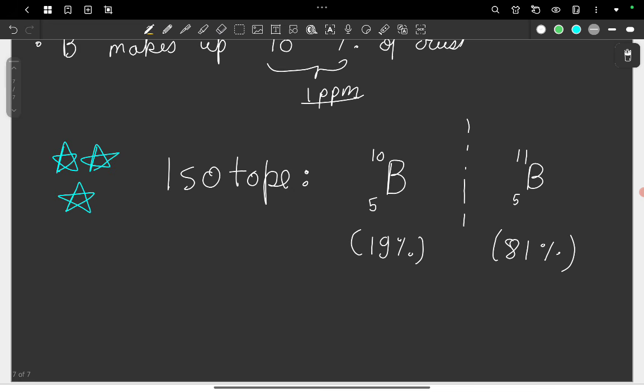Now you know nuclei get more stable as we add more neutrons. So maybe you can use this fact as a way to remember that the nuclei with more number of nucleons are more stable and hence higher in percentage.